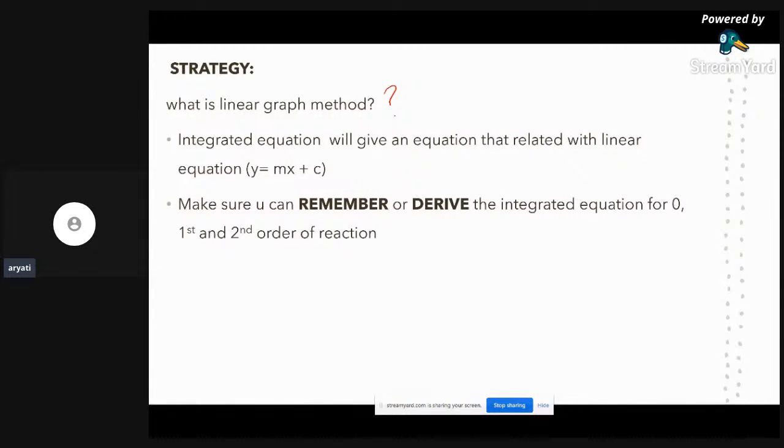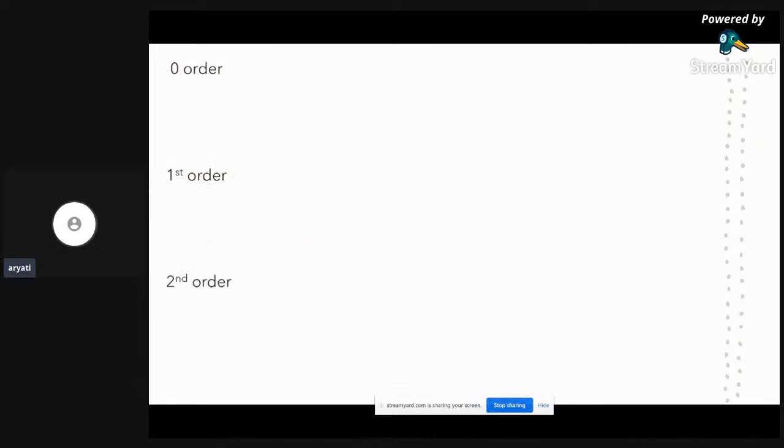The integrated equation will give an equation that relates to the linear equation. Linear equation is y equal to mx plus c. So make sure you can remember and derive the integrated equation for zero, first and second order reactions. For zero order, the integrated equation is A naught minus A equal to kt.